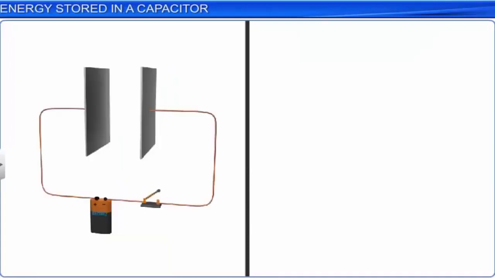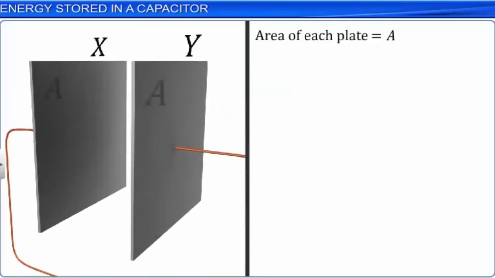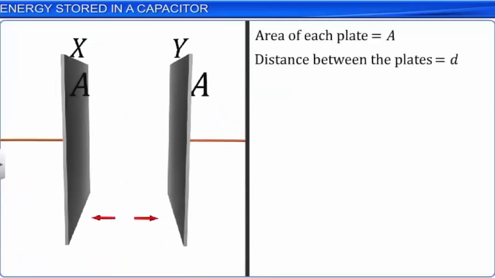Therefore, we see that by introducing a dielectric medium between the plates, the capacitance of the parallel plate capacitor increases. To obtain an expression for the energy stored in a capacitor, let us consider a parallel plate capacitor having metal plates X and Y, each of area A and separated by a distance d.